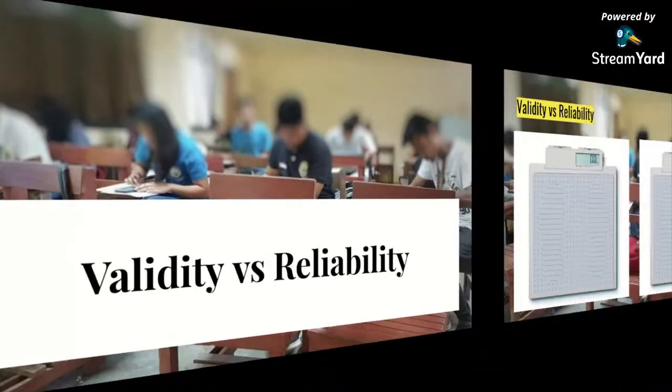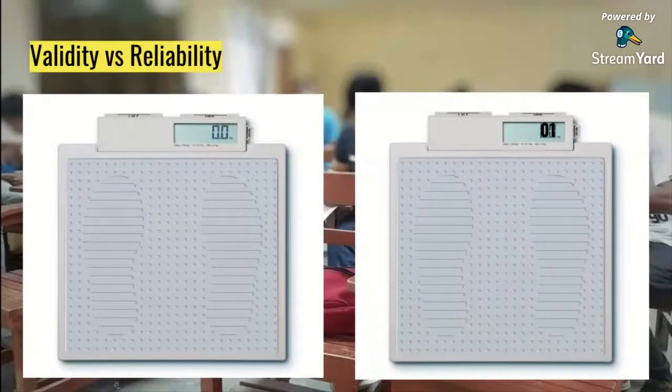Now, to distinguish validity and reliability, we can think of two weighing scales. A weighing scale that is set to 0.0, and a weighing scale that is set to 0.1. So how are we going to use this to explain the relationship or the difference of the two?